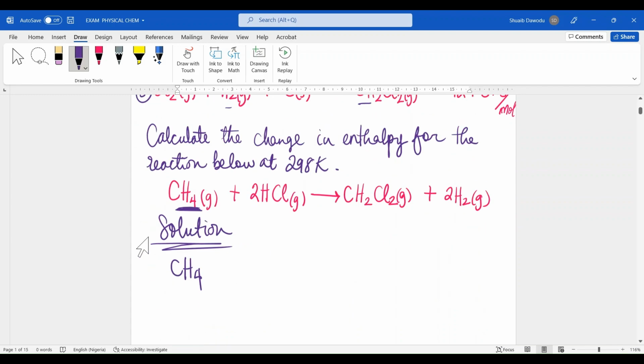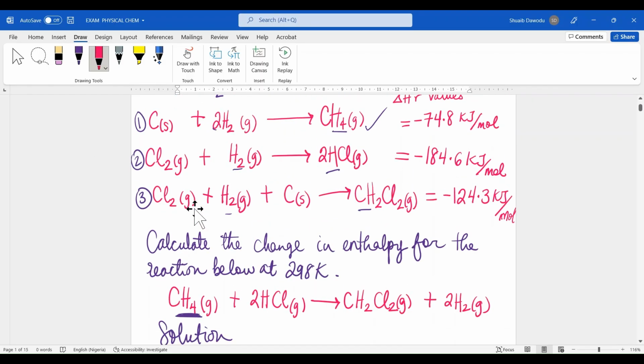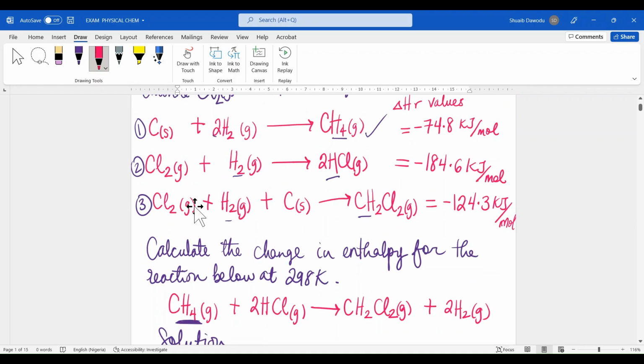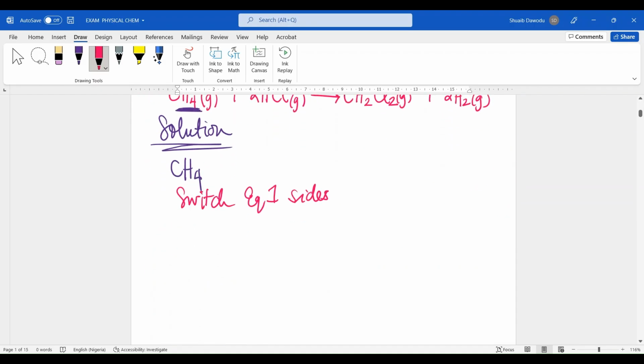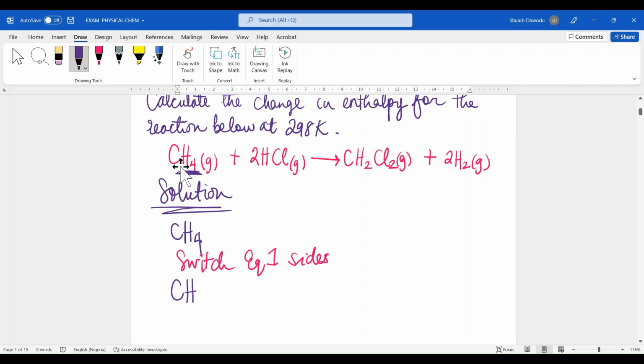So this is how you do Hess's law, by the way: we're going to switch equation 1's sides. That means we take the product side to the reactant side and the reactant side to the product side. We rewrite equation 1 so that CH4 is the reactant and everything else is on the product side, so that it matches the general equation at the bottom.